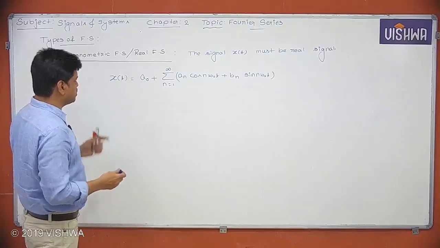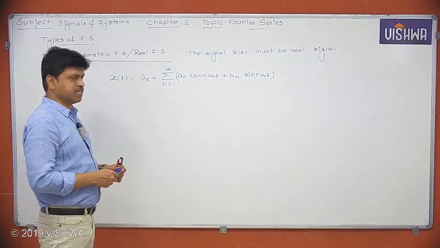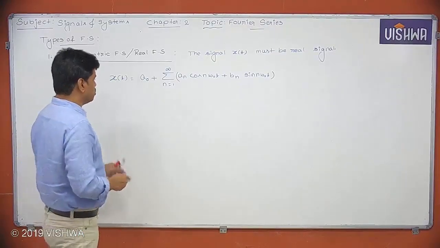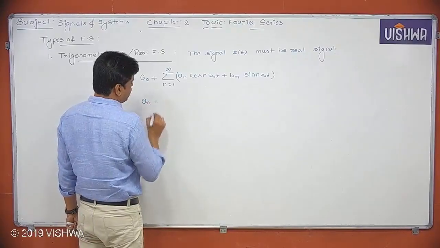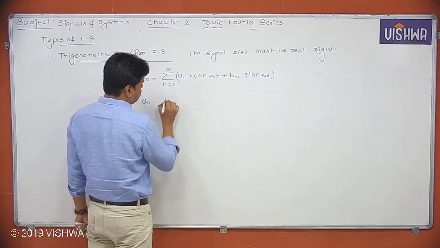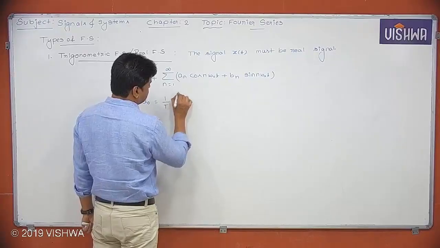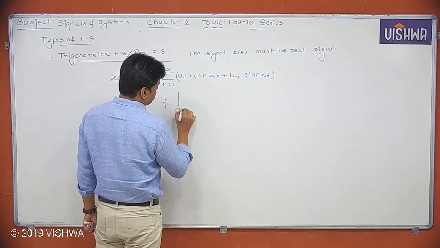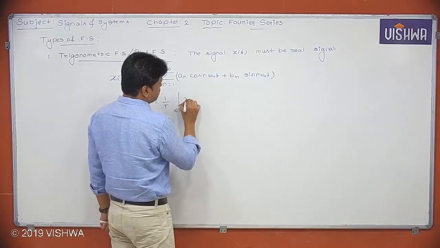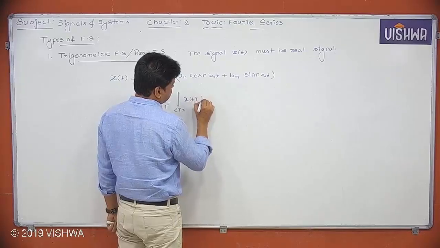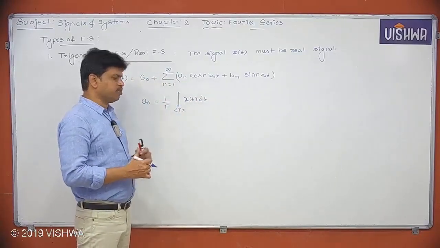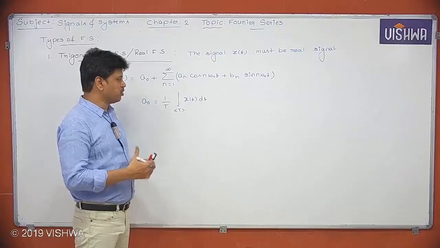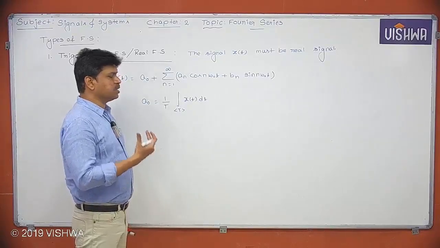This is nothing but the trigonometric Fourier series expansion. So what is a0? a0 is equal to 1 by T, integration over a period, x of t dt. We are finding the area over a period and dividing by the period. That gives you the average value, or DC value.